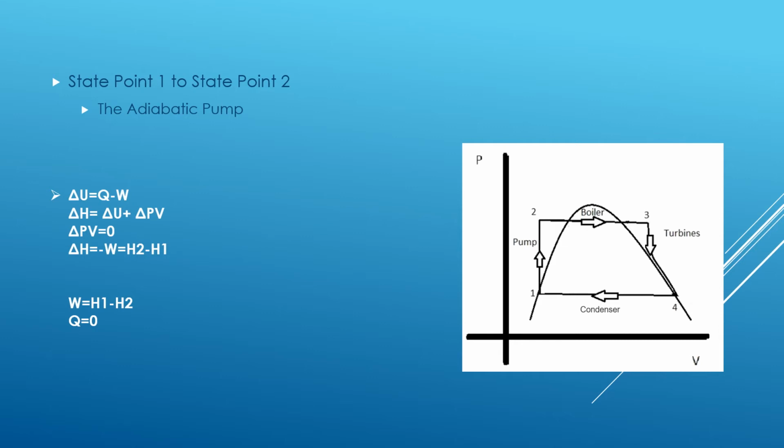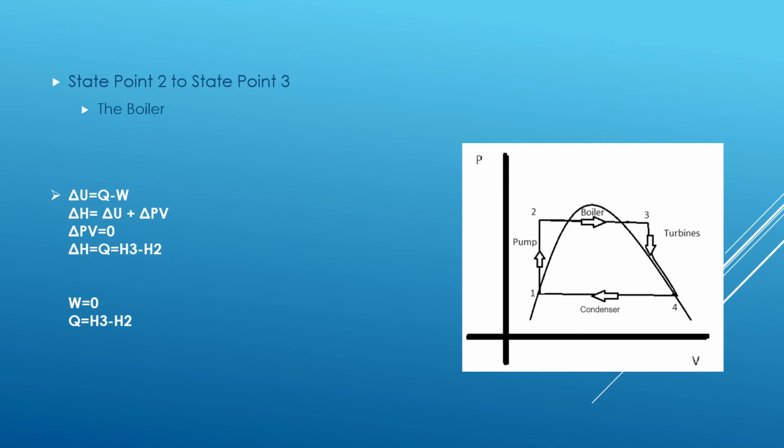We know that Q is equal to 0 because the process is adiabatic, and we also know that delta PV is equal to 0 because V is the specific volume, and since this is a closed system, the specific volume doesn't change throughout it. Using this, we get delta H is equal to negative W, which is equal to H2 minus H1. And so W is equal to H1 minus H2, which is enthalpy 1 minus enthalpy 2, and Q is equal to 0 for this process.